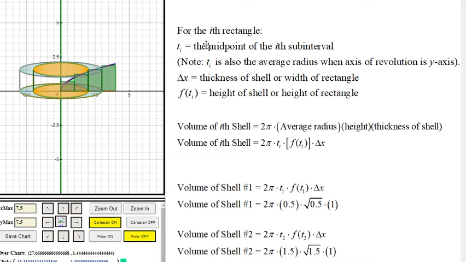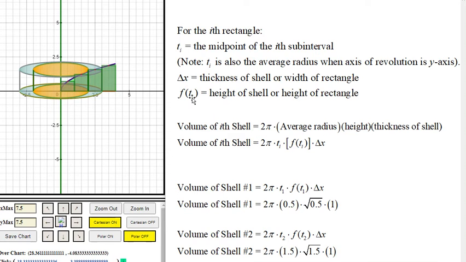And in general, for the ith rectangle, t sub i is the midpoint of the ith subinterval. But also notice that t sub i is also the average radius when the axis of revolution is the y-axis. We'll deal with cases where the axis of revolution is not the y-axis later.